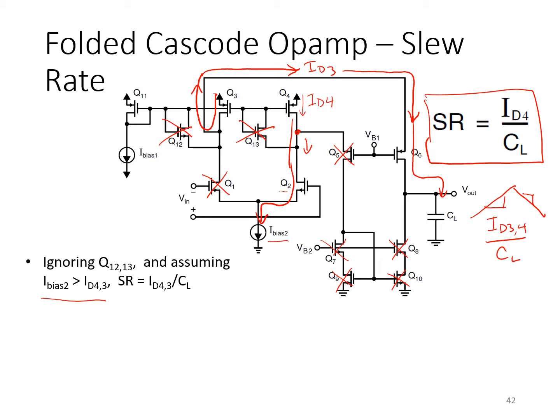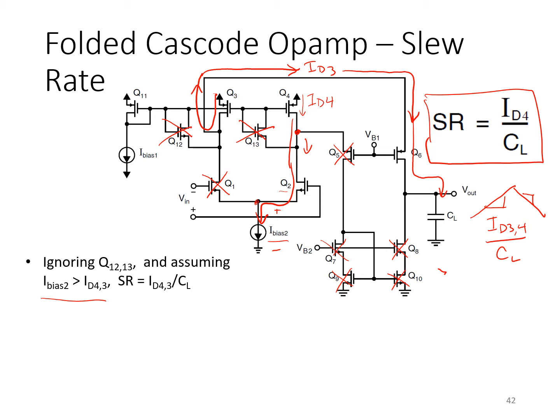The voltage at this common source node here would also get pulled down eventually because I bias 2 is larger than the current supplied by ID4. So that node drops all the way down and it kind of compresses the voltage across this current source I bias 2 until some transistors in there enter into triode, and then finally that current source is not working properly and the bias current actually will decrease until it finally is equal to ID4.